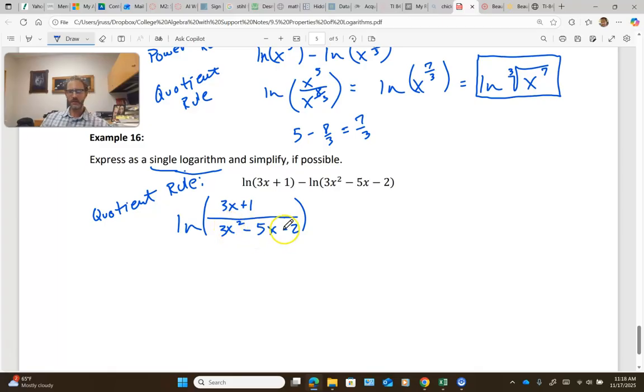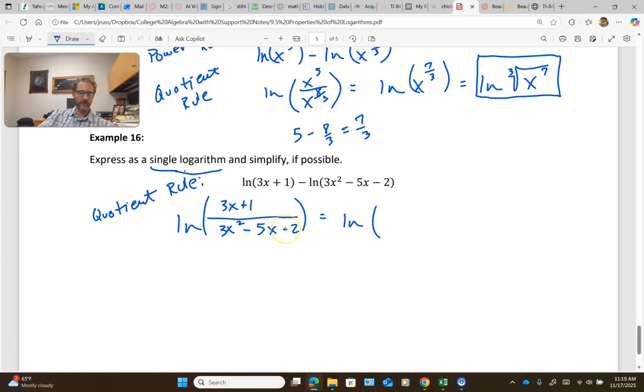And looking at this trinomial here, it's quadratic, again. I think it is factorable, but we have to use the AC method because there's a number in front of the x squared. So most of the work in this one is going to be factoring this.